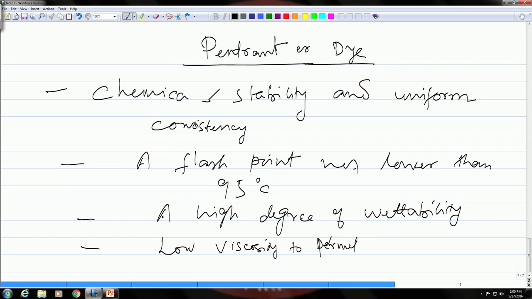So, this will permit better coverage and also save some time, as I told, in terms of the dwell time. And it will also provide you a minimum drag out.